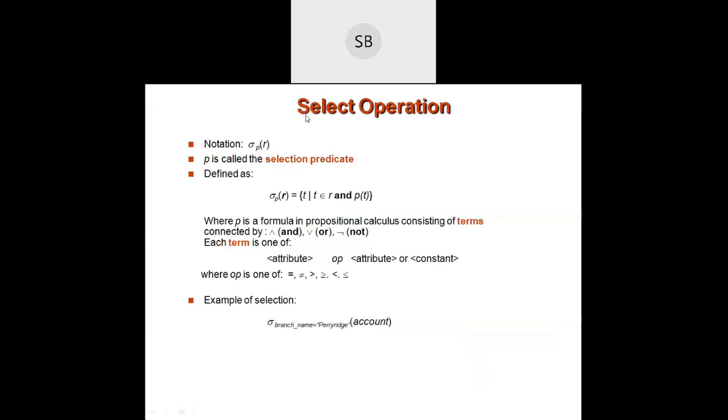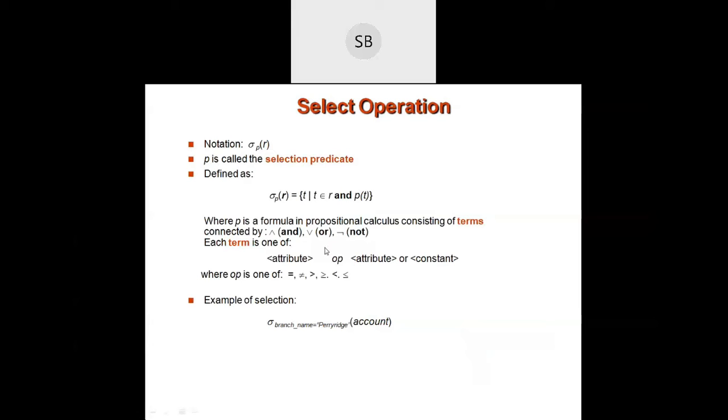So this is the formula for select: sigma P in brackets R. It is defined as the set of tuples t such that t belongs to relation R and P of t holds.